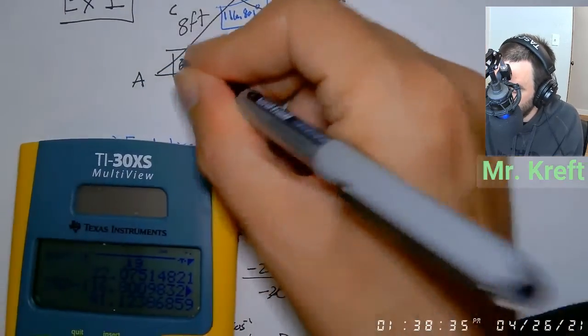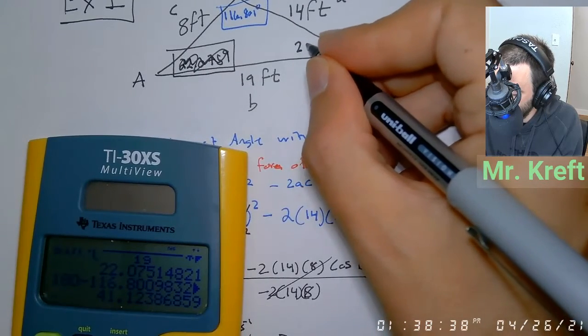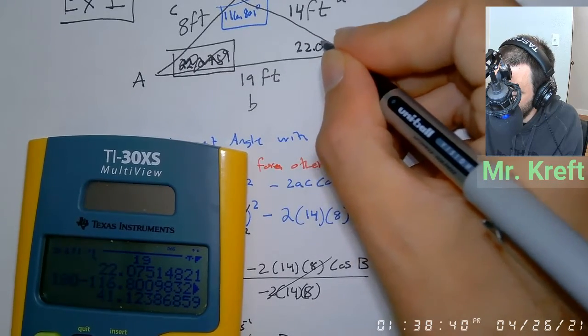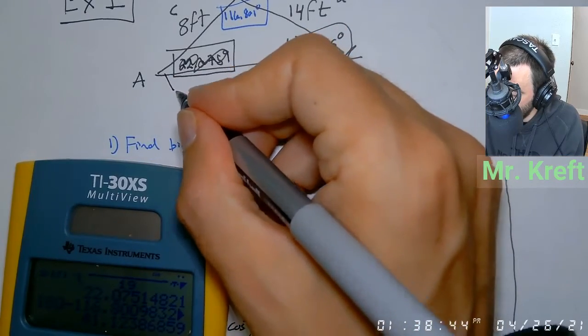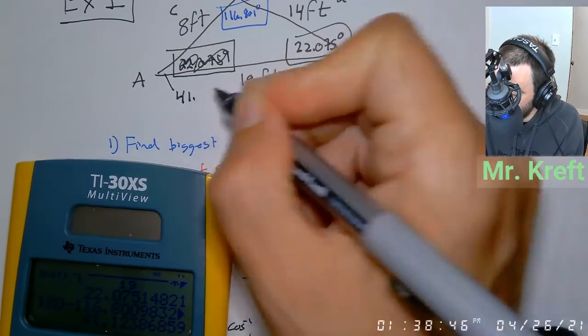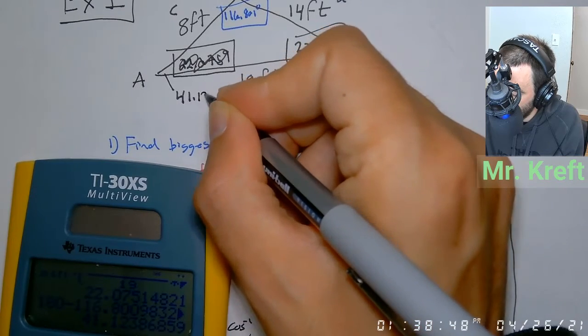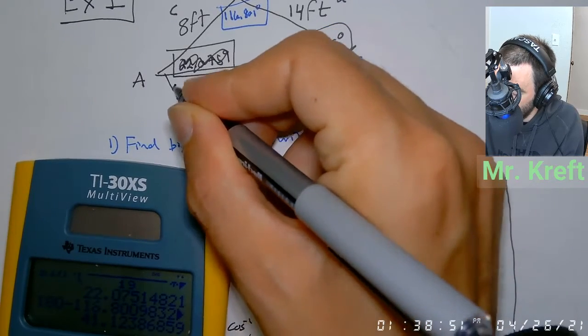Oh, shoot, this was angle C. And then I can find my angle A is 41.124.